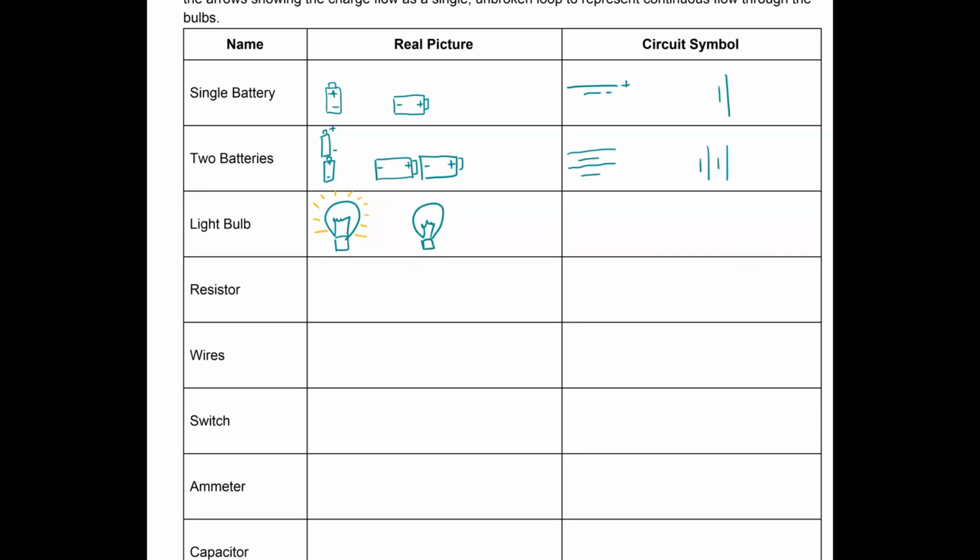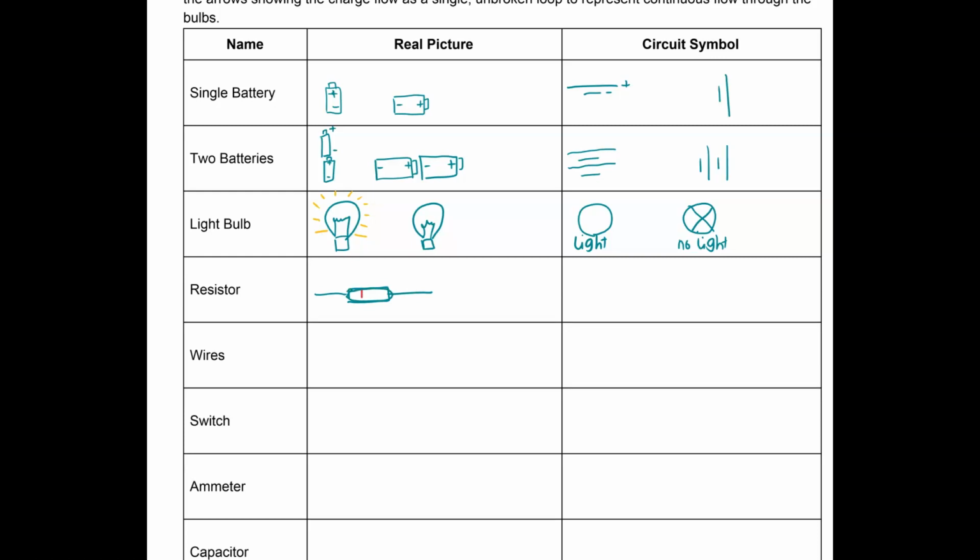And then we would say that this circle is our bulb that's turned on, that has light coming out of it. If the bulb is turned off, this would show that there's no light. We would just put an X through it. Then our resistor would kind of look like a corn dog looking thing.